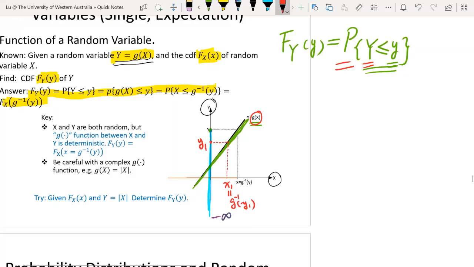This relationship can be translated, based on this example, into the probability that the X random variable falls into negative infinity up to the x point. So where is the x point? Let's remove this part, okay?